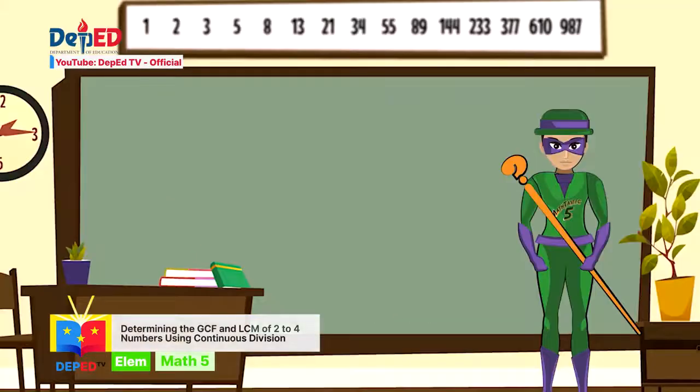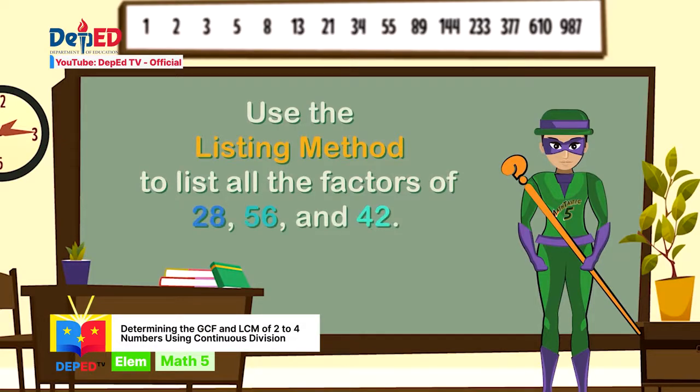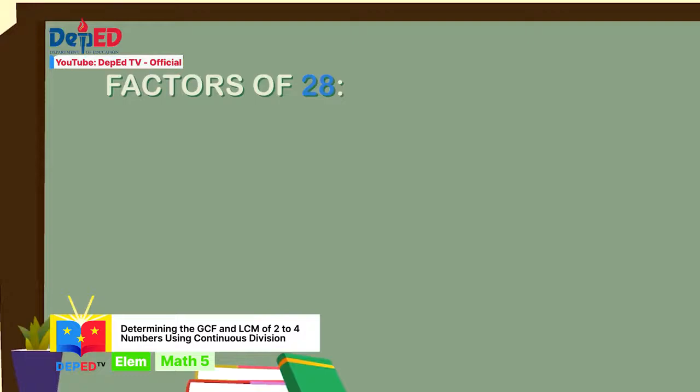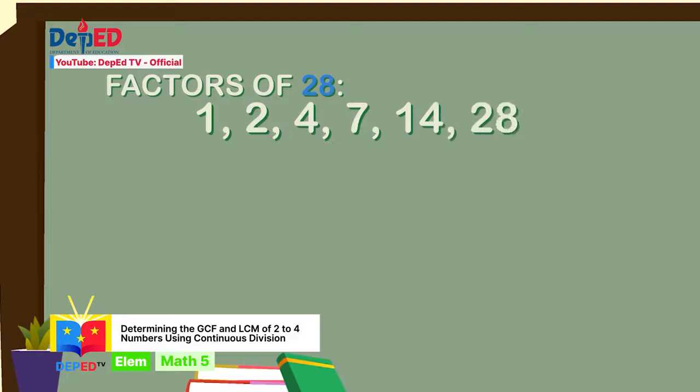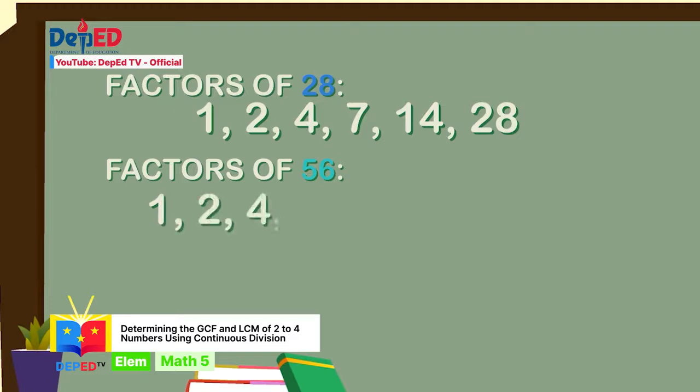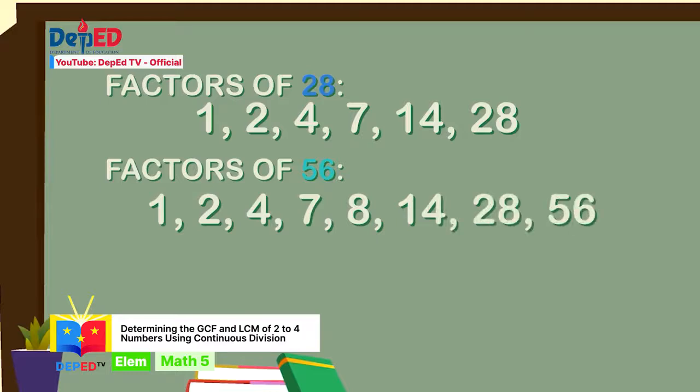Let's check. To check, we will use the listing method. Here are the factors of 28: 1, 2, 4, 7, 14, and 28. The factors of 56 are 1, 2, 4, 7, 8, 14, 28, and 56.